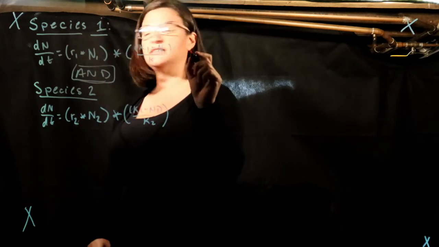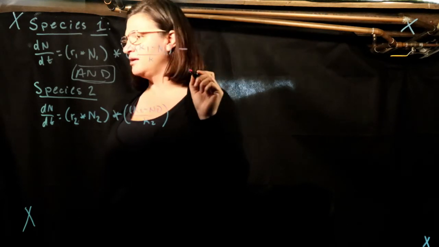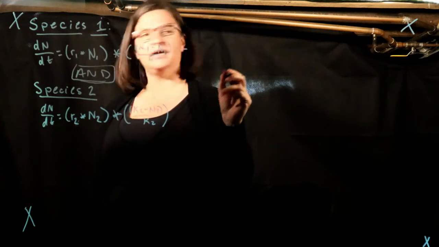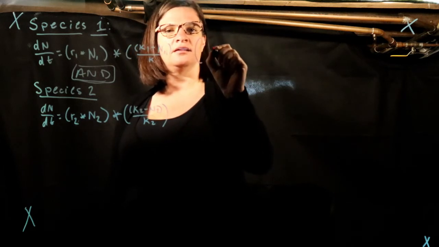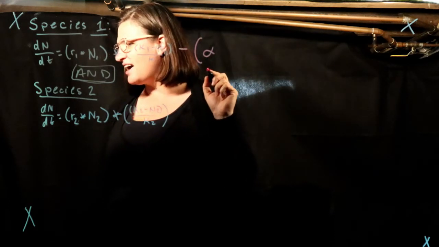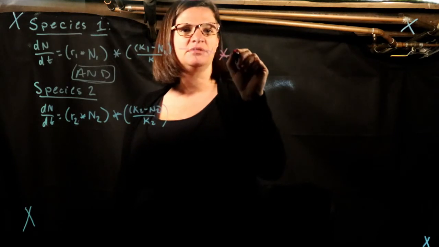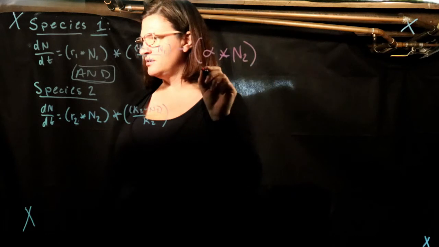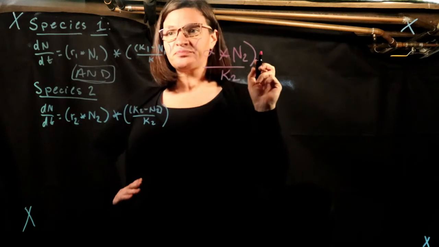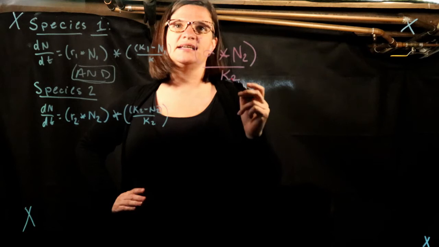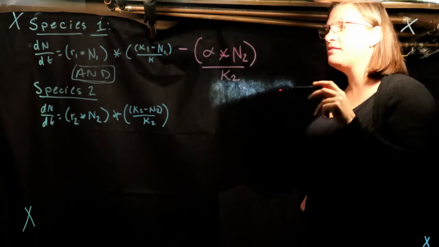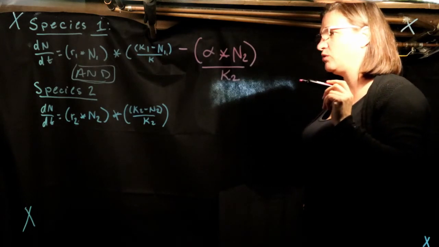For the species 1 model, we take the population growth rate of species 1, minus alpha, this is an alpha, I'm not great at drawing alphas, times N2, divided by K. What that gives us is the negative effect of competition from species 2 on the population growth of species 1.